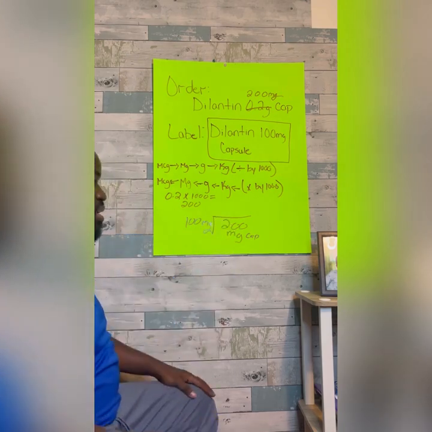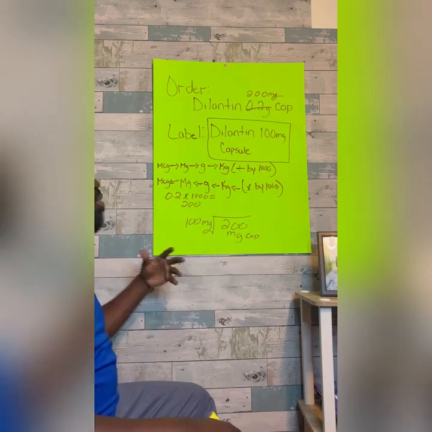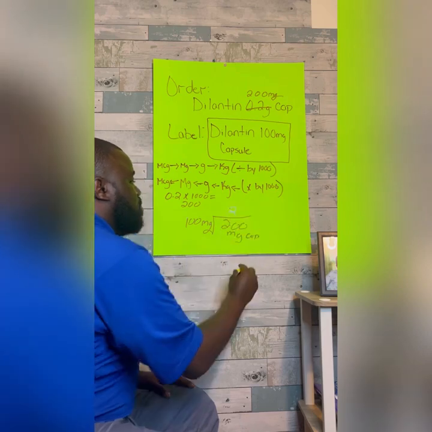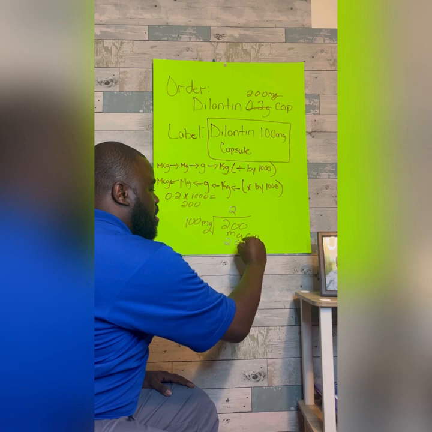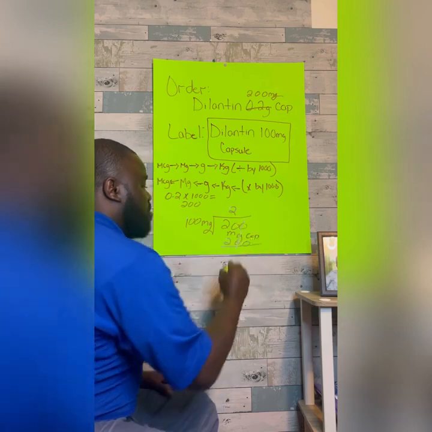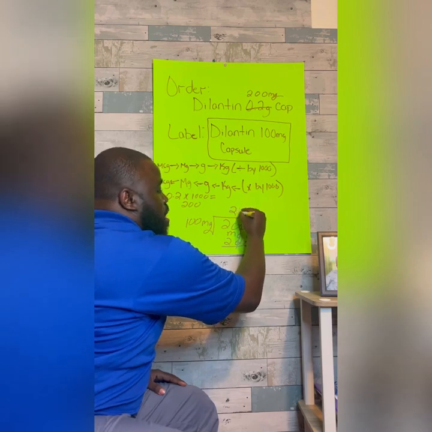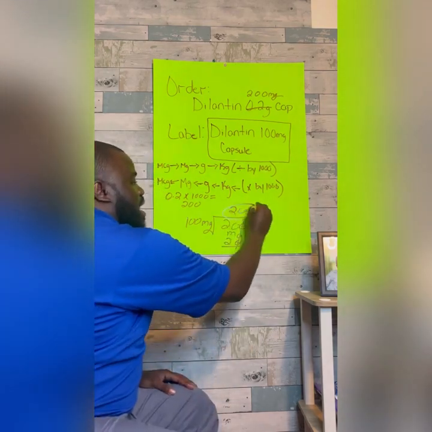Of course, by looking at this, we can see how many times for 100 going to 200. We know 2 times, but we just want to make sure, okay? So we're going to take 2. 2 times 100 is 200. This cancels out, and we know that we get 2, not tablets, we get 2 capsules, and this will be our answer.